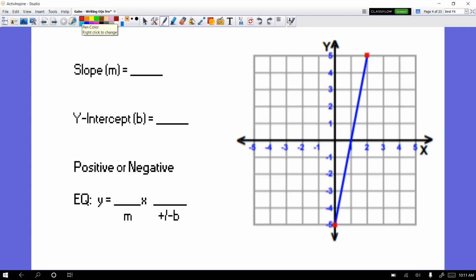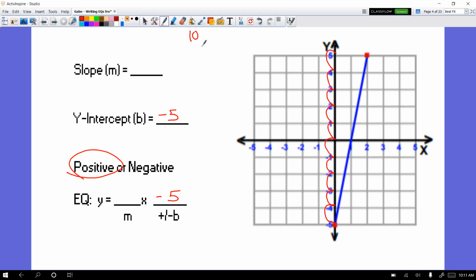Just to go over it again, because it was incomplete, we counted from one point to another. I'm just going to go ahead and circle, it's a positive line. Our y-intercept is right here, because that's where it's crossing the y-axis. So I'm going to put -5. We can already put -5 down there. Slope: 1, 2, 3, 4, 5, 6, 7, 8, 9, 10.